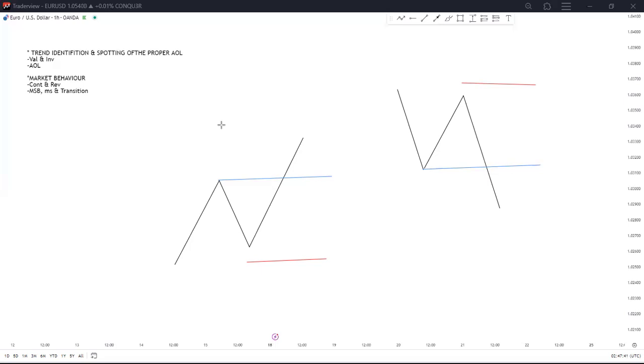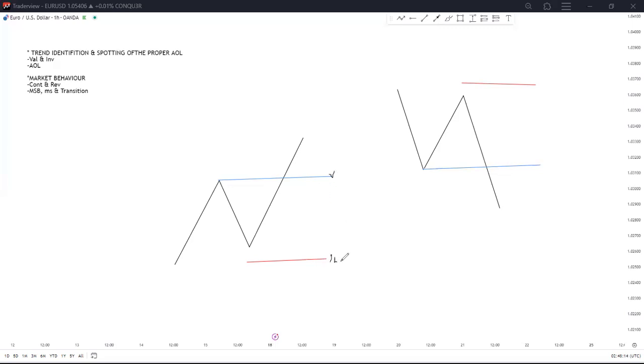But since we have already said that liquidity within the market, in our way, we consider as orders, for that reason we are going to identify the areas of orders. The simple way to identify an area of liquidity is, as we said, the area between the validation point and the invalidation point. So here we have this as a validation point, and this as an invalidation point.